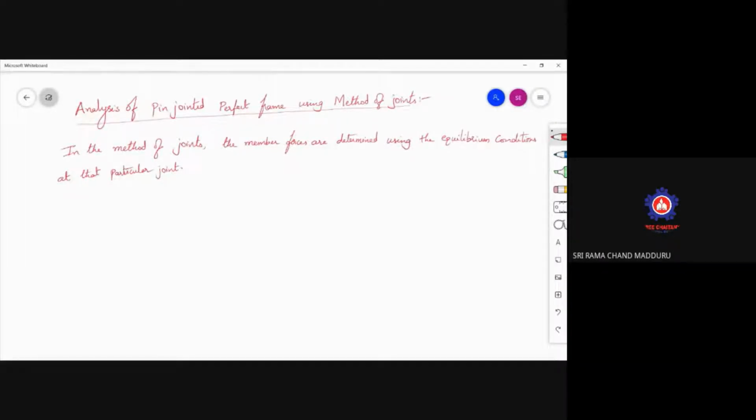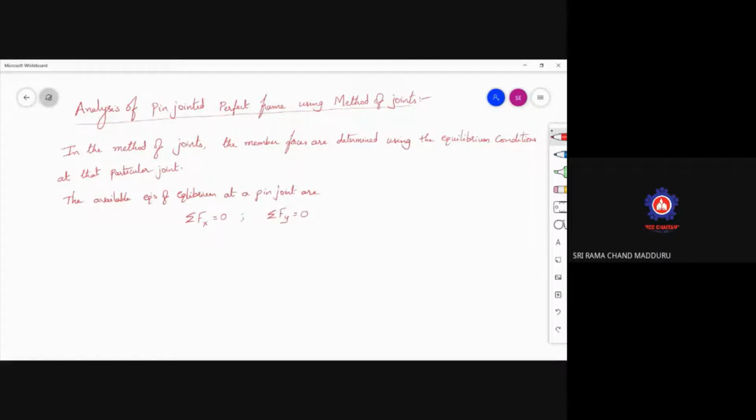So the available equations of equilibrium at a pin joint are sigma fx is equal to 0, sigma fy is equal to 0.